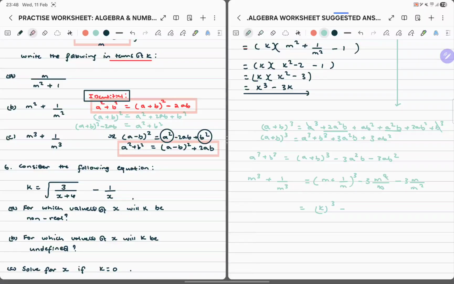Now this one takes that, so we get 3m, and this one takes that, it's minus 3 over m. Then if we decide to take 3 as the highest common factor, so this is k cubed minus 3, then we end up with m plus 1 over m. Then we've got k cubed minus 3, this is k.